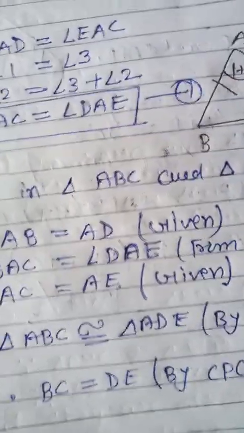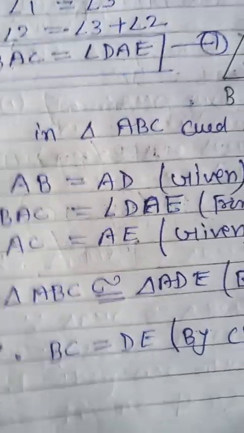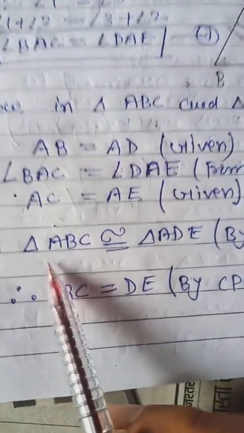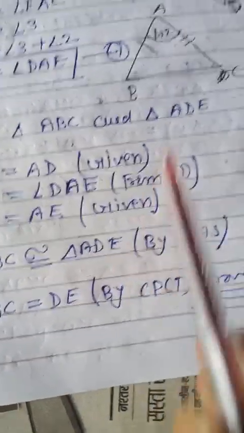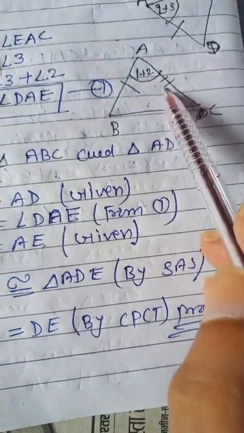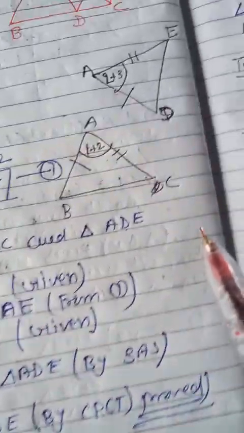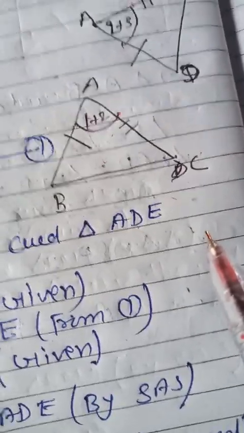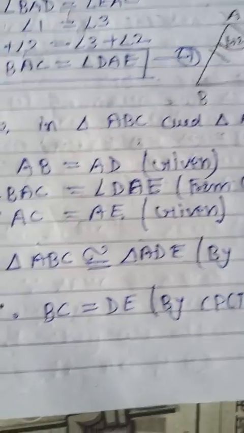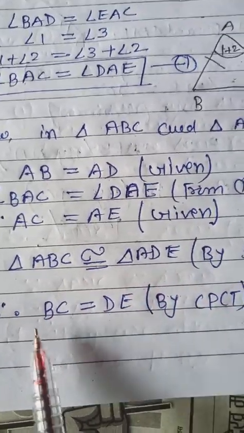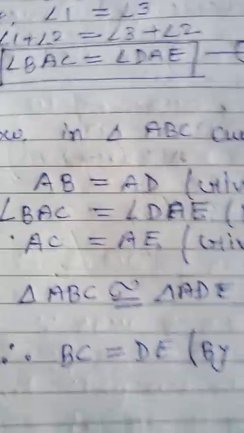So we can write triangle ABC is congruent to triangle ADE by SAS criteria, and when two triangles are congruent, then their corresponding parts are also equal. So by help of this congruency, we can write side BC is equal to DE, and this is our proof.